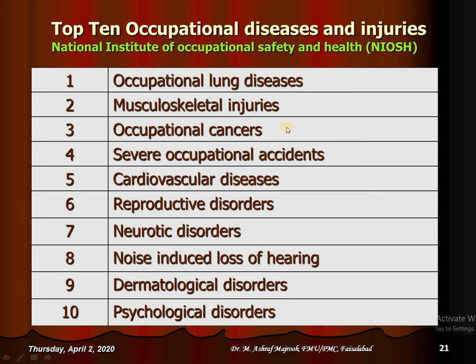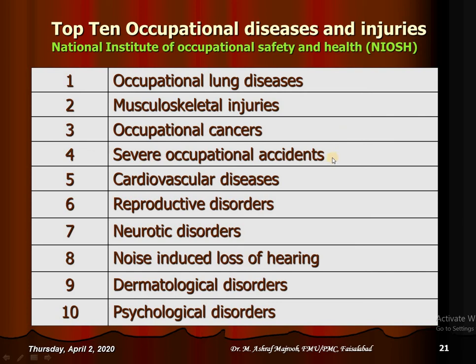Then occupational cancers, as the workers are exposed to toxic chemical substances, hence they are liable to develop cancers of the liver, skin, and other deep-seated organs, and there are so many carcinogens in the environment and at the workplace.